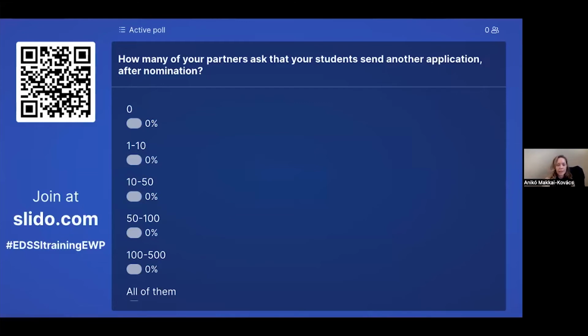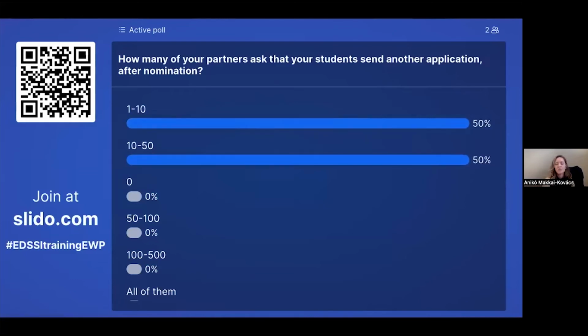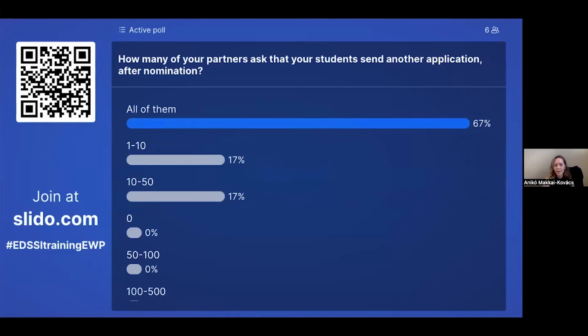I'm sure this is your experience as well: you nominated your student and then the partner institution asks that your student sends another application to be able to enroll and get accepted to that university.